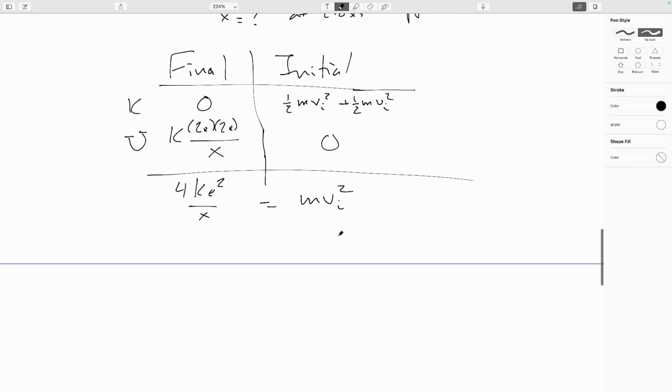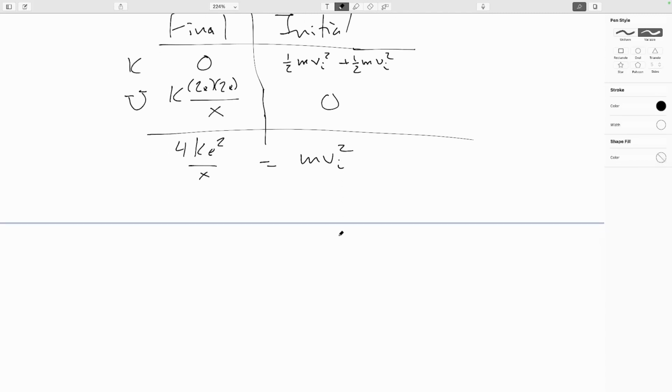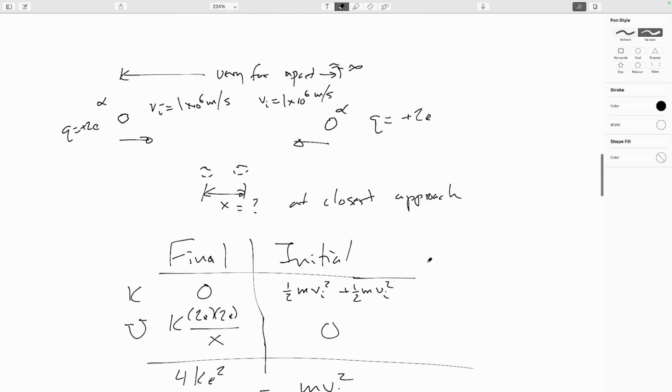A little bit of cross multiplication is going to give us that our closest approach is 4ke squared over the mass of an alpha particle times v initial squared. Now the mass of an alpha particle, very roughly, to three figures, both a proton and neutron are not that far off from 1.67 times 10 to the negative 27 kilograms. So we can just say the mass of an alpha particle is roughly 4 of those.